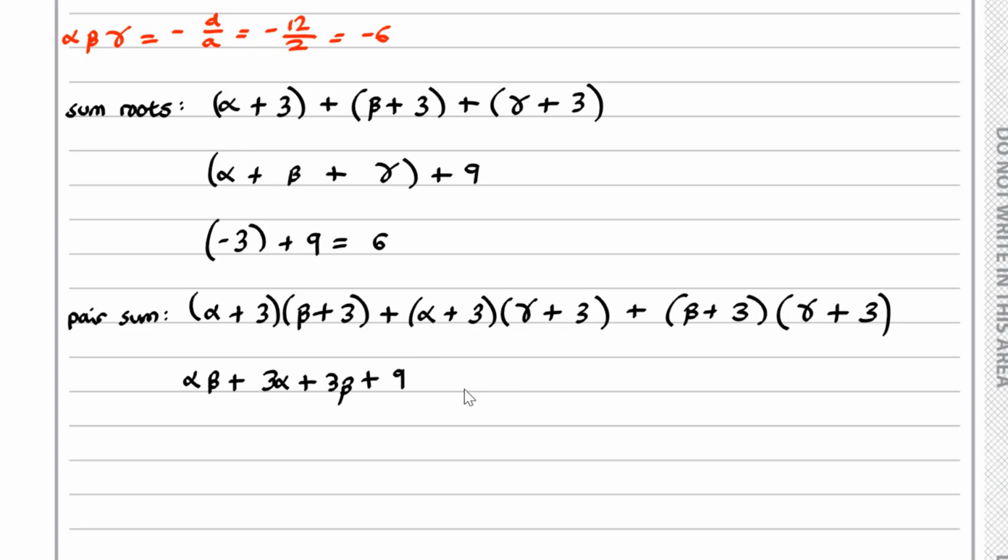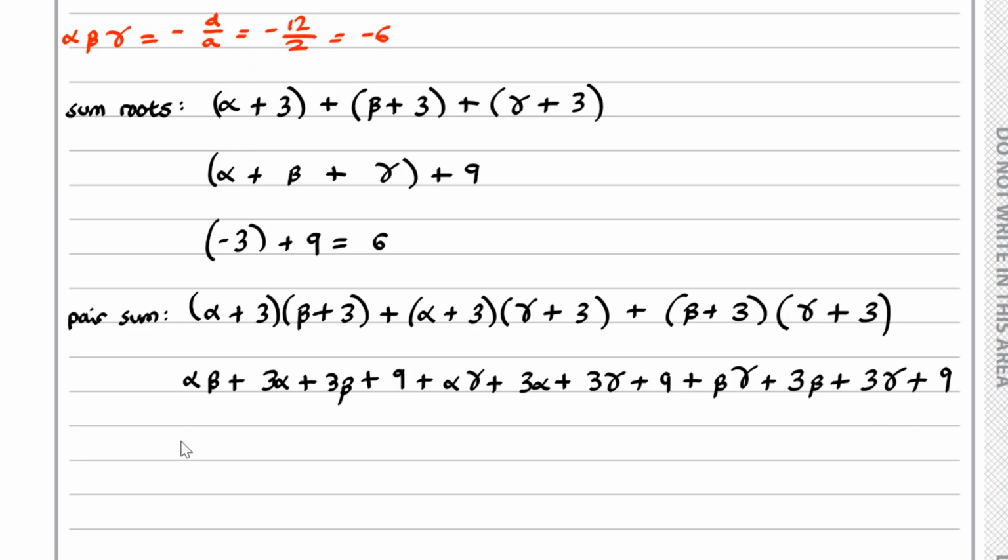For the next two brackets, we have alpha gamma plus 3 alpha plus 3 gamma plus 9. For the final two brackets, we have beta gamma plus 3 beta plus 3 gamma plus 9.